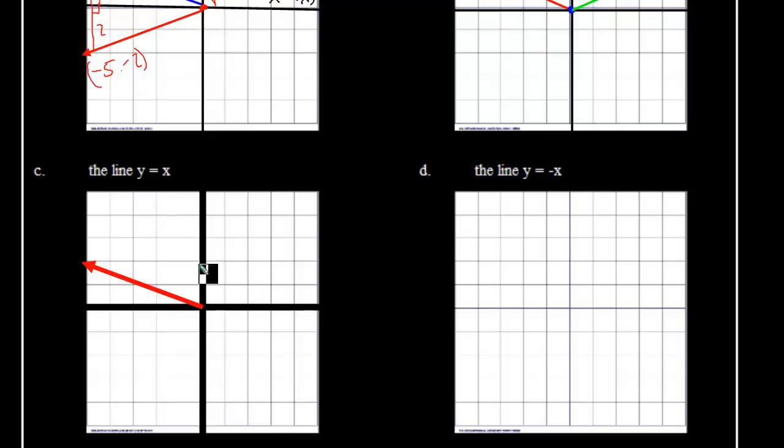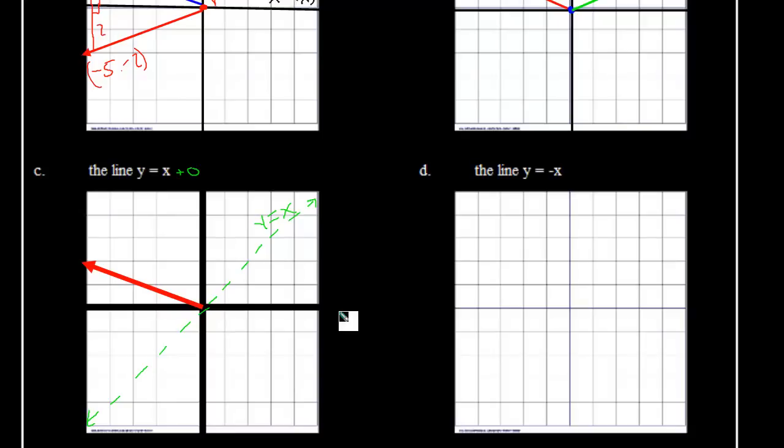Now the line y equals x is not shown currently, so we want to show it. To show it, the line y equals x has a y-intercept of 0 and a slope of 1. So it looks something like this. When you draw your line of symmetry and it's not already on your graph, please do so that it's dashed. I'm just going to label it y equals x.